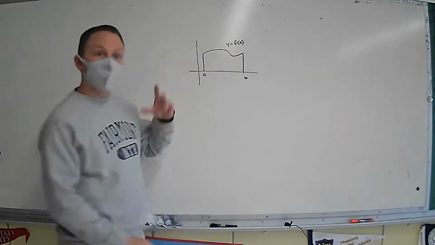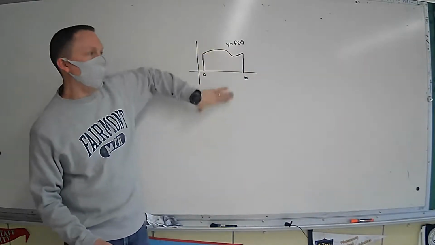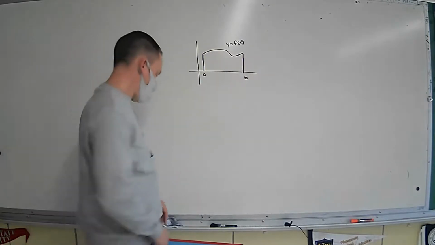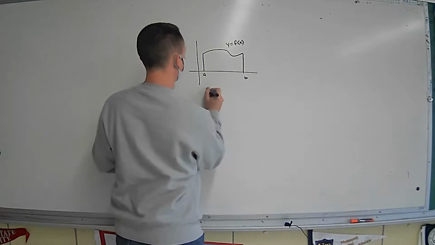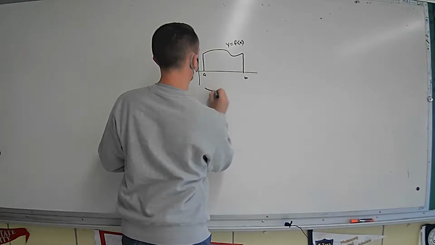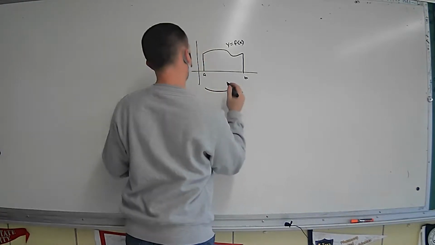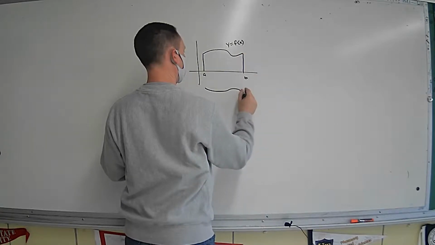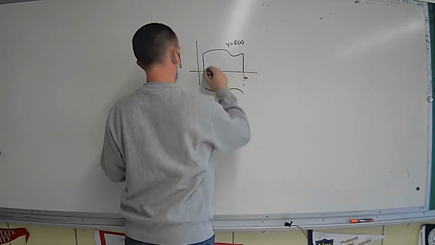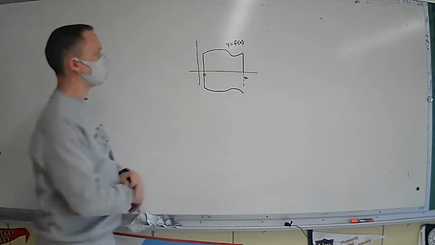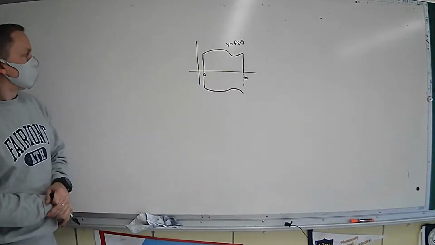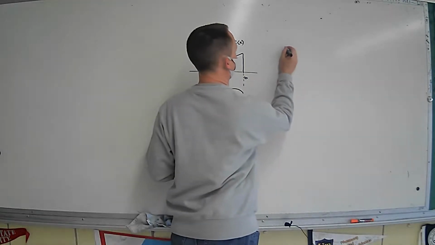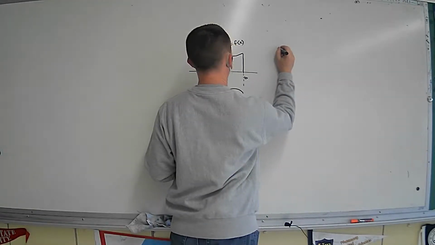Now, if we rotated this region around the x-axis, we're going to make that vase, right? So that's going to make a vase that looks something like this.